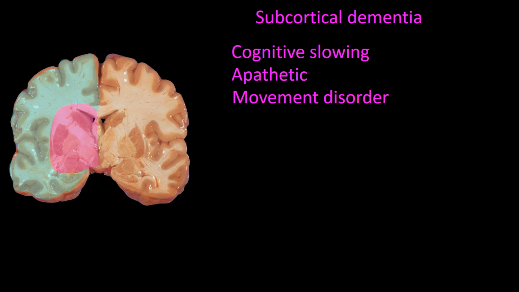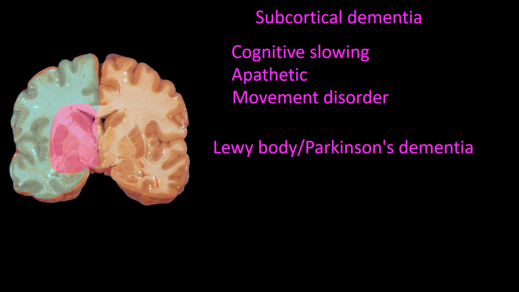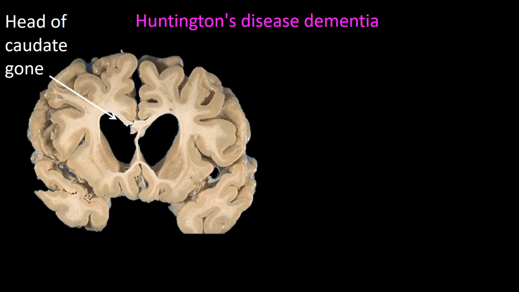Subcortical dementia courses with cognitive slowing, apathetic behavior, and movement disorder. Subcortical dementias include Lewy body dementia, Parkinson dementia, and Huntington's disease dementia. Huntington disease courses with enlargement of the frontal horn of the lateral ventricle, mainly due to atrophy of the head of the caudate.